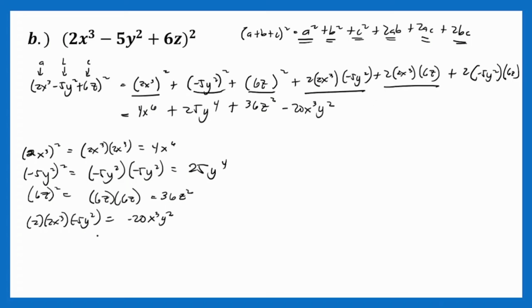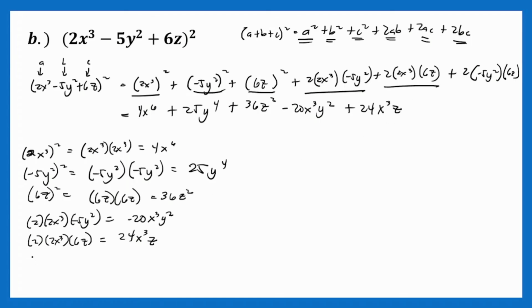Ito naman, 2 times 2x cubed times 6z. 2 times 2 is 4, times 6 is 24. x cubed ay wala namang pareho. Same with z, so hindi na yan mababago. We have plus 24x cubed z.